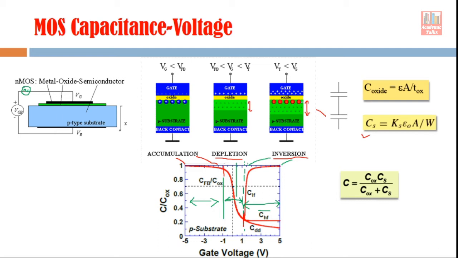The depletion region will no longer remain a depletion region, and in that case this capacitance will increase further. So if a low frequency signal is superimposed on this DC signal, then we have a curve like this, it goes up like here. But if a high frequency signal is there, then the curve stabilizes here.